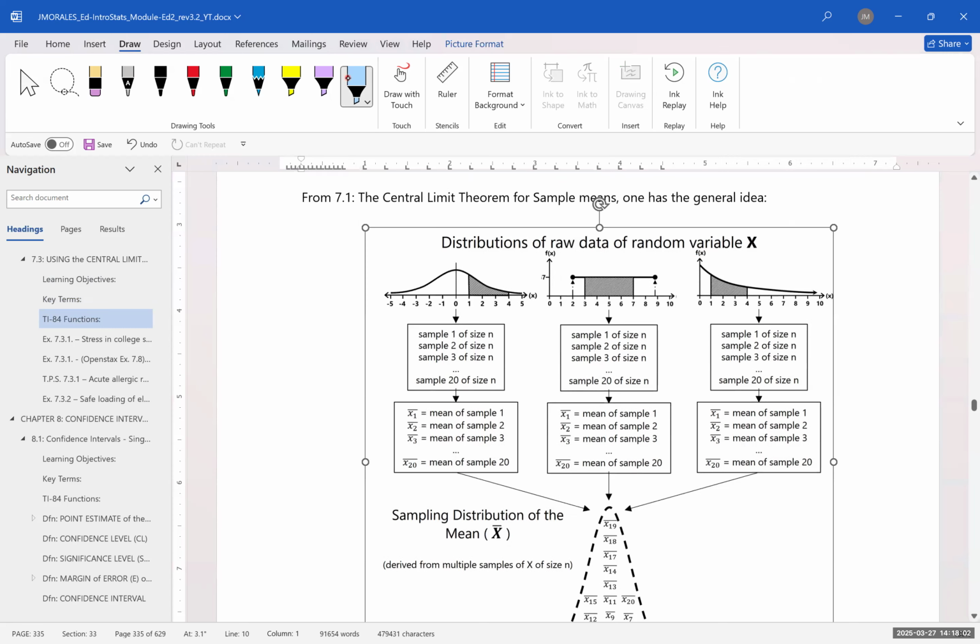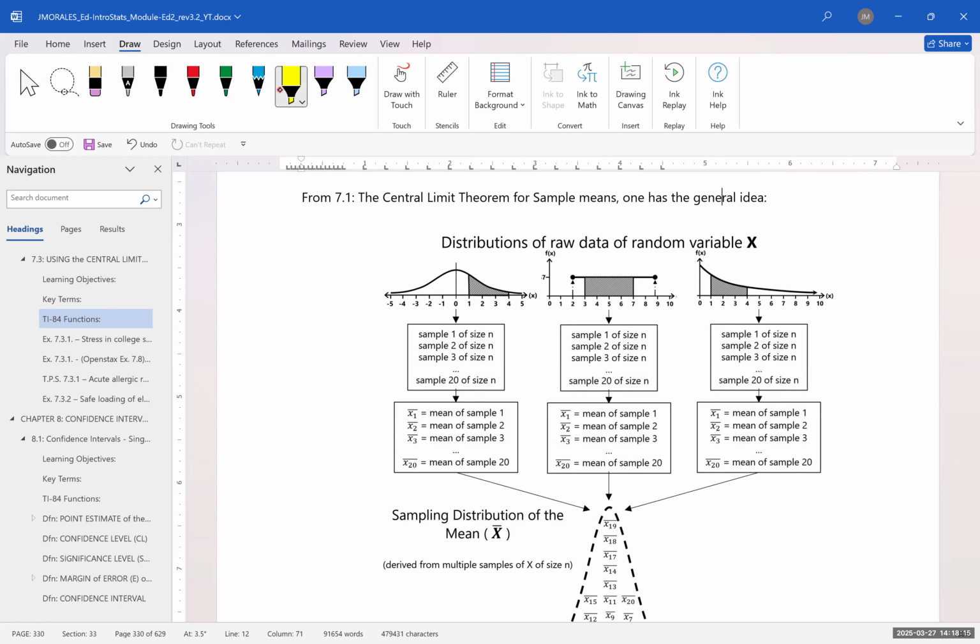So this was a concept I think I talked about during one of the examples in section 7.1, but here's kind of like a formal picture of this idea. So if we were looking at maybe the weight of black bears in California, then the weights of black bears in California could be normally distributed.